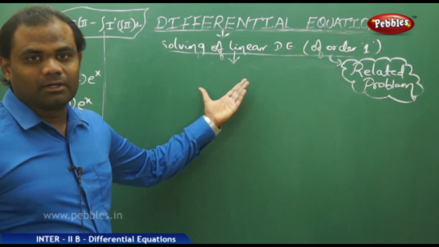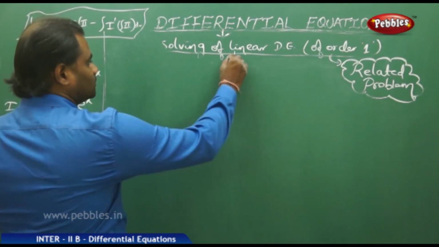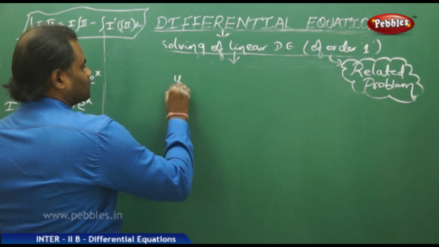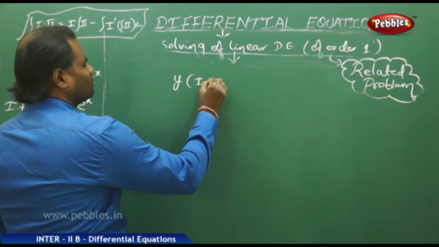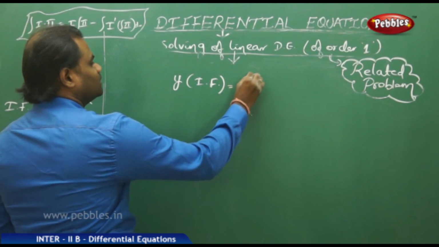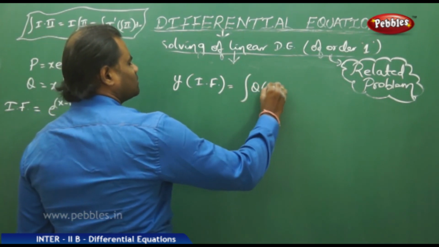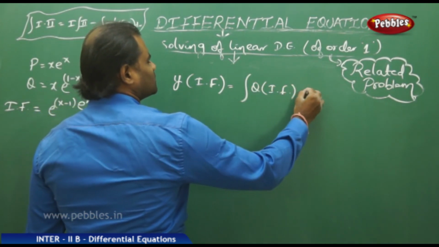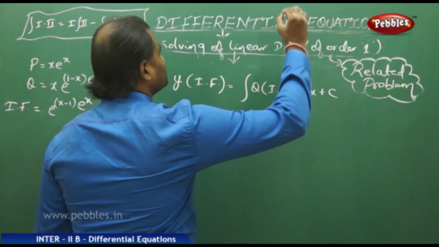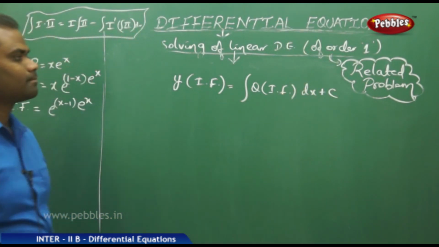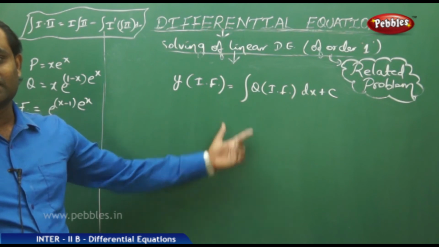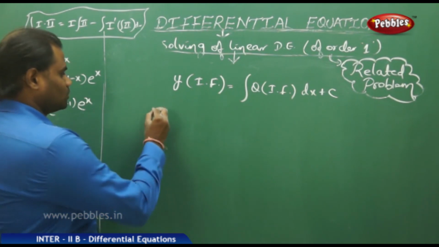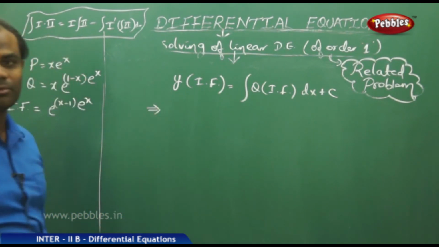It's easy to remember the formula in this form, that is, y times the integrating factor is integral q times this dx plus c. So let's see how the formula reduces to the given problem.